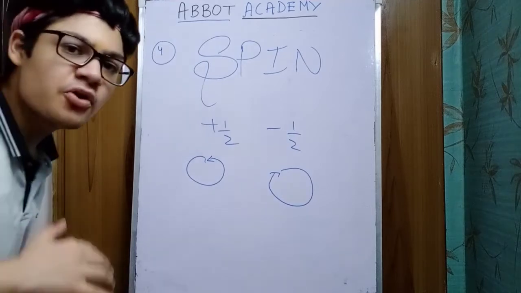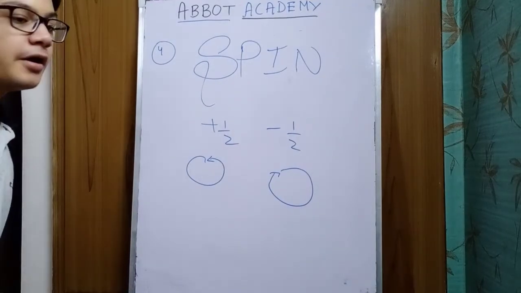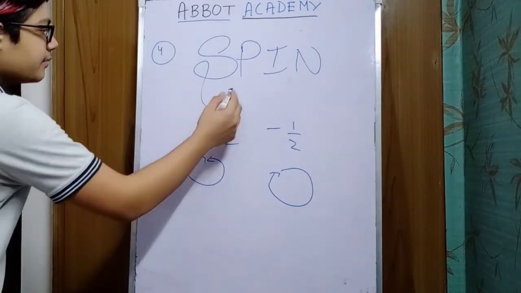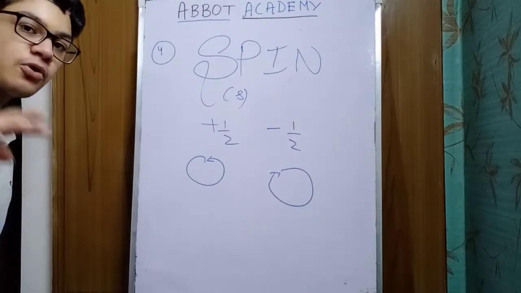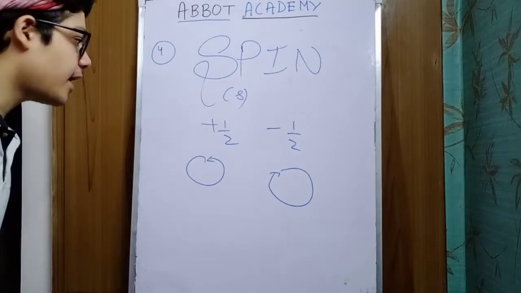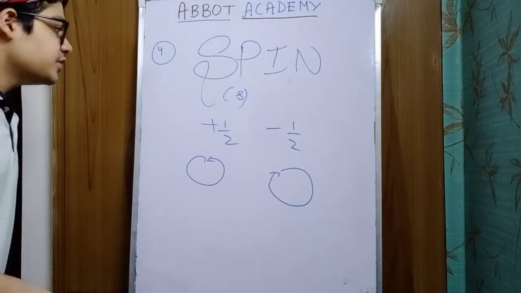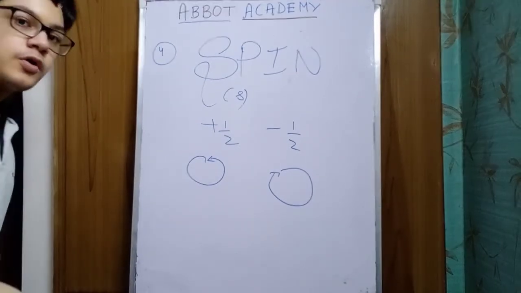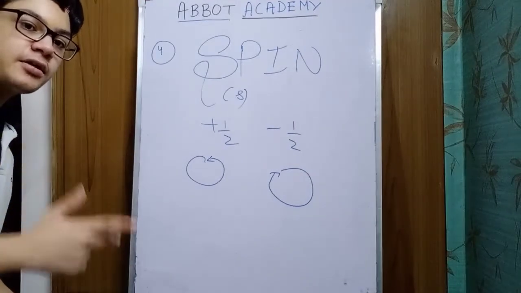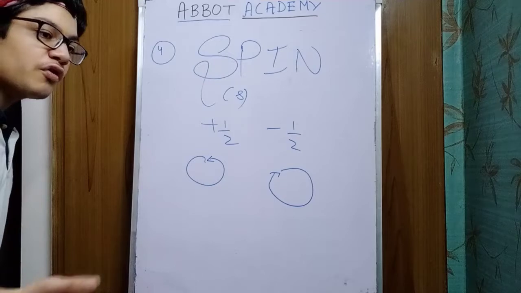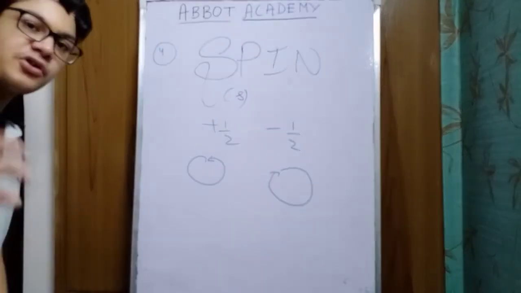So now, the spin quantum number. The spin quantum number is the fourth quantum number, denoted by s. Now s can take only 2 values, that is positive half and minus half. This is basically a convention, because we can consider that the electrons rotate in the anti-clockwise and the clockwise direction. For anti-clockwise we consider minus half, and for clockwise positive half.